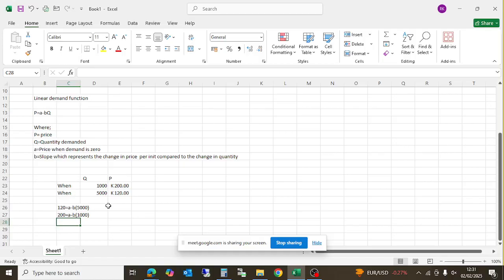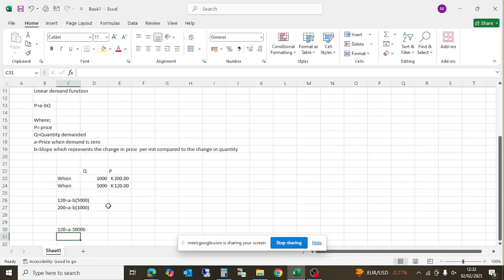These are two separate equations. If we want to finish up, the equations are: 120 is equal to A minus 5000B, and at the bottom, 200 is equal to A minus 1000B.